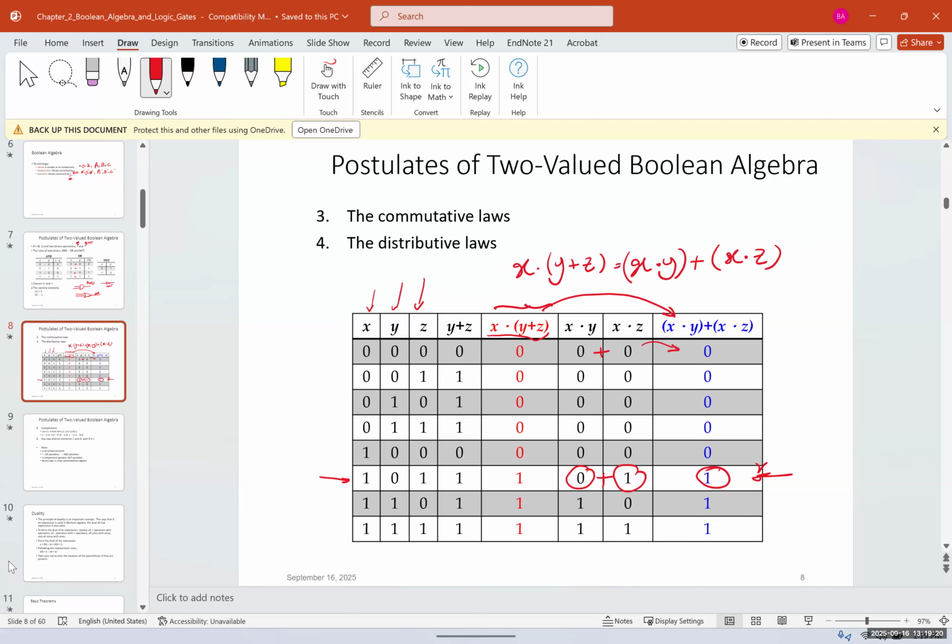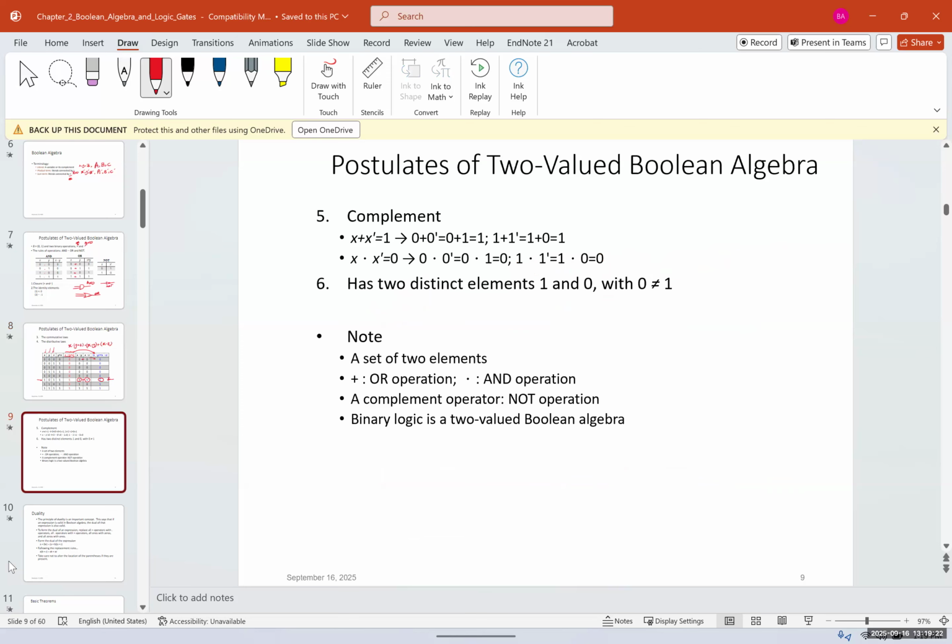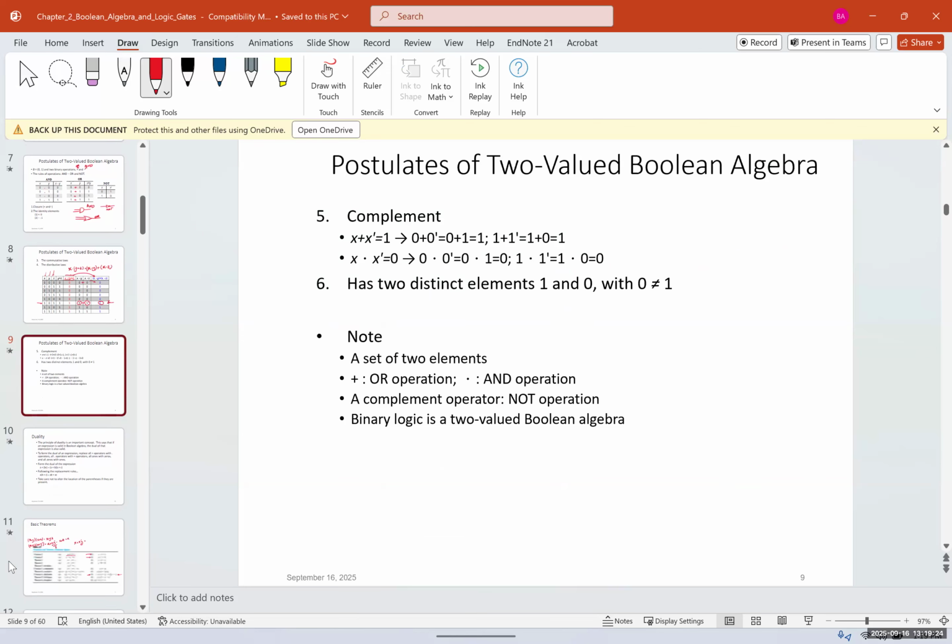Just replacing. The next postulate that we have is the complement, and adding any number to its complement gives us the result of 1. So x plus x prime gives us 1. The way that we could prove this, as I mentioned, is just to replace it with a binary value. So it's going to be 0 plus 0 prime, and 0 prime is actually equal to 1.